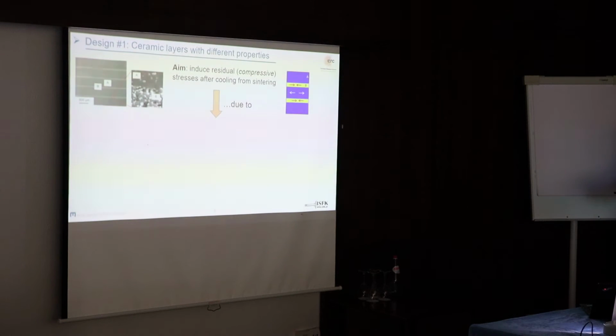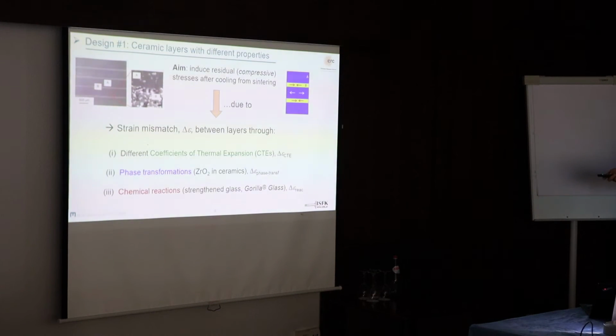In the first concept, we make use of residual stresses in the different layers that can come from different means. Many of you are familiar with different thermal expansion coefficients. We can also induce phase transformation in some of the layers, or, like they do in Gorilla Glass, use chemical reactions.